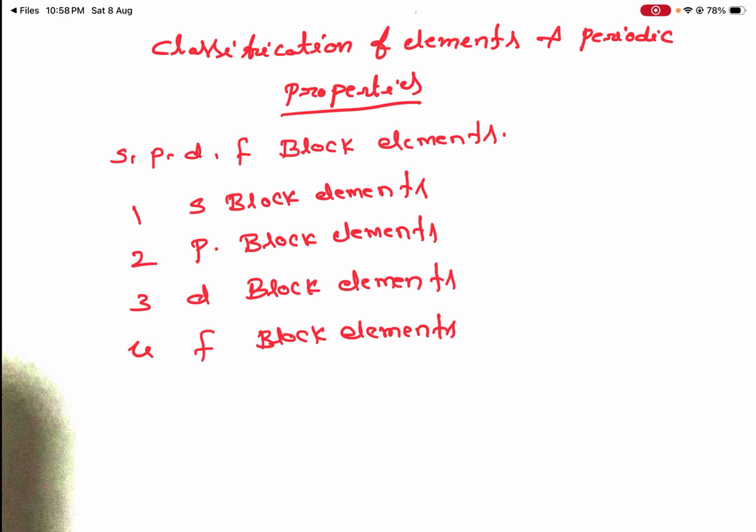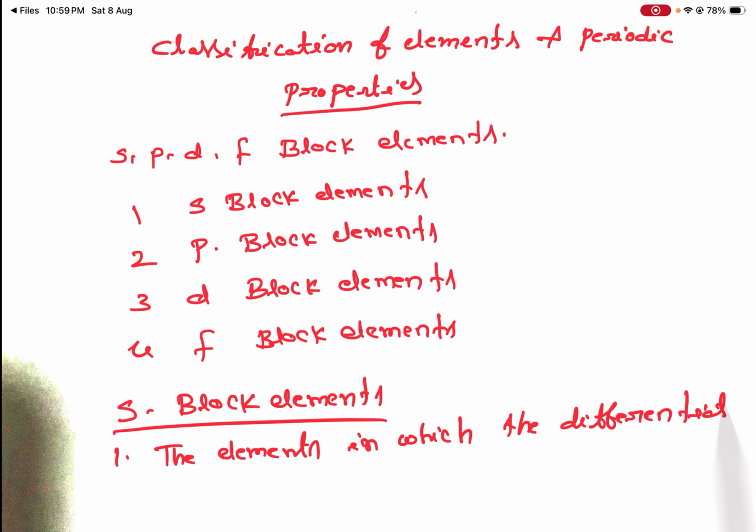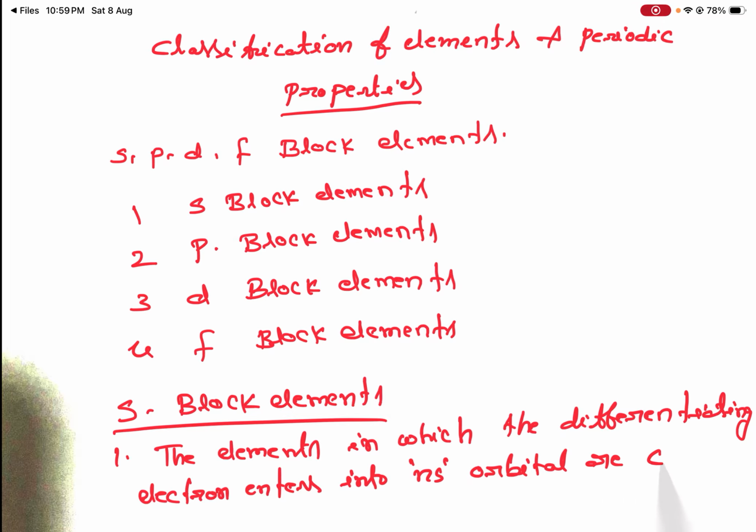First, we will discuss the S block elements. The definition: the elements in which the differentiating electron enters into the ns orbital or subshell are called S block elements.